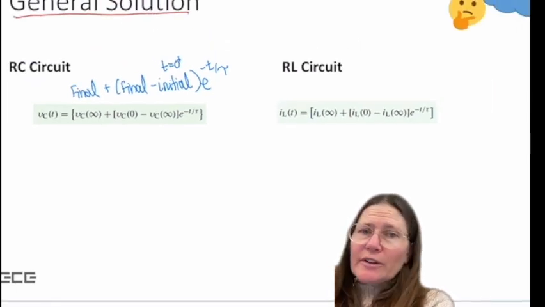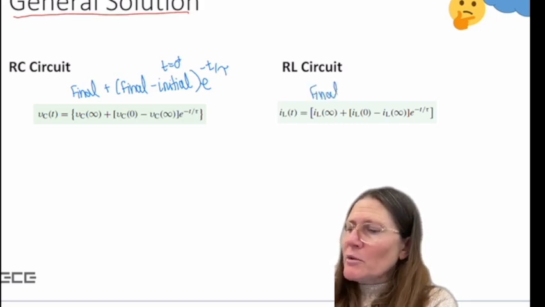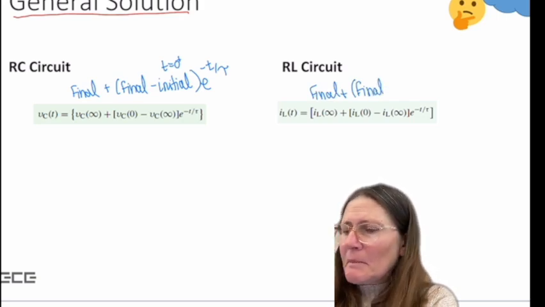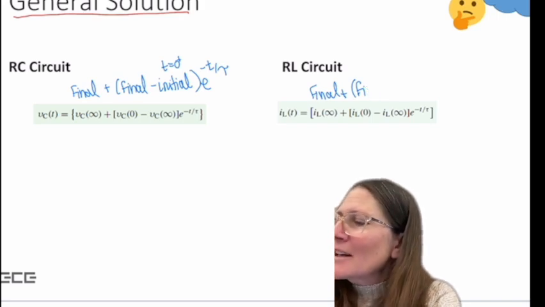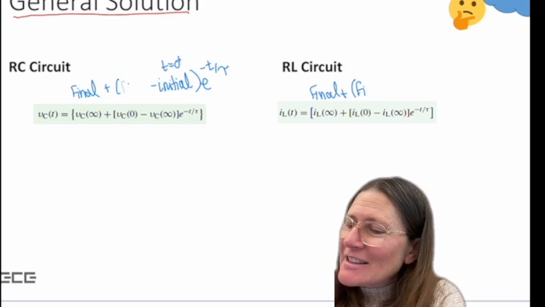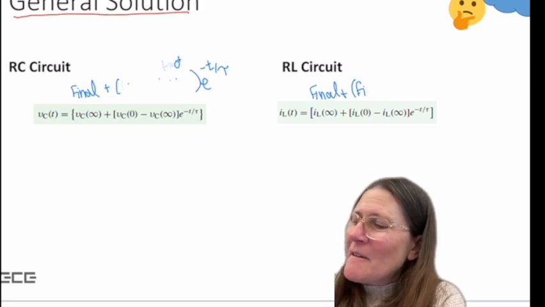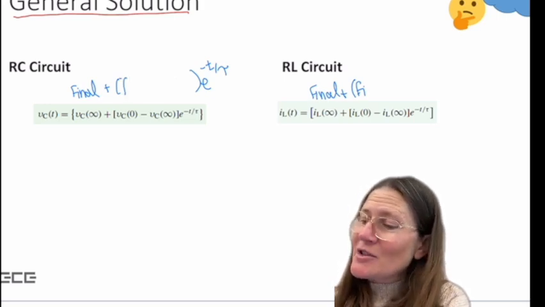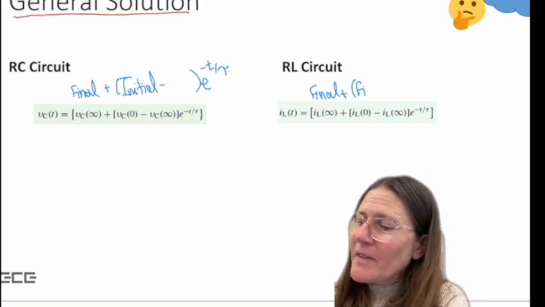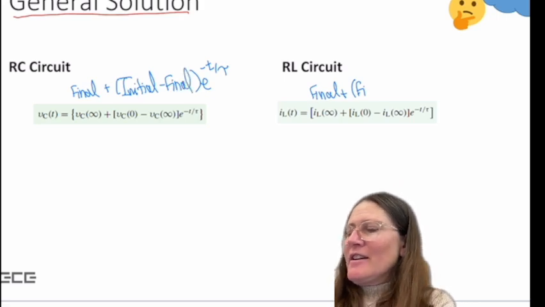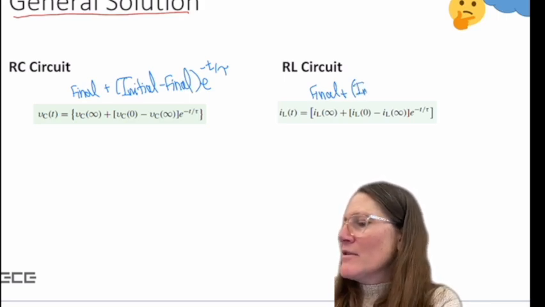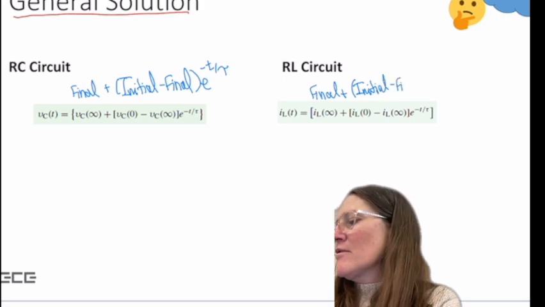Wait, sorry, I rewrote that wrong. It is initial minus final, sorry. Okay, final plus initial minus final. There we go, e to the minus t over tau.